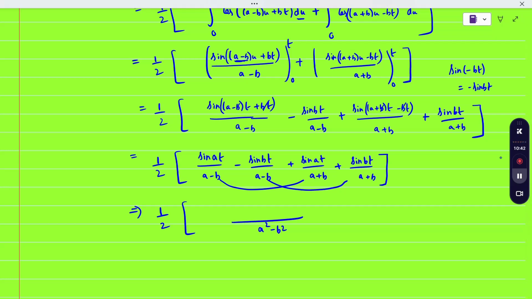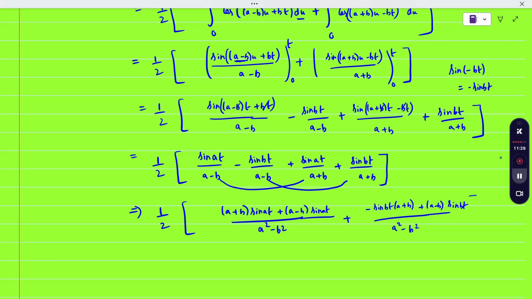When I take it, it is (a plus b) into sine at plus (a minus b) into sine at. In the same way, in the second term, a squared minus b squared is the LCM, and already there is a minus sign: minus sine bt, the missing term is a plus b, plus a minus b is missing, into sine bt.